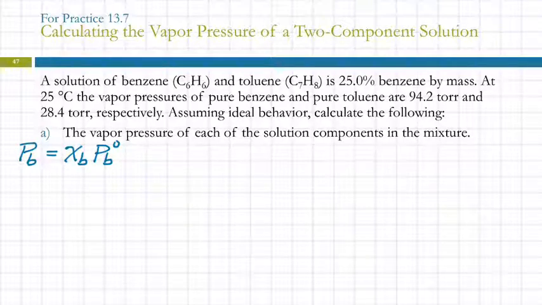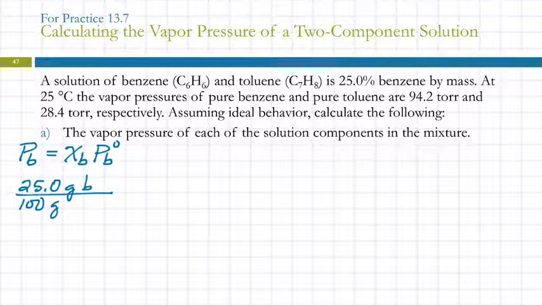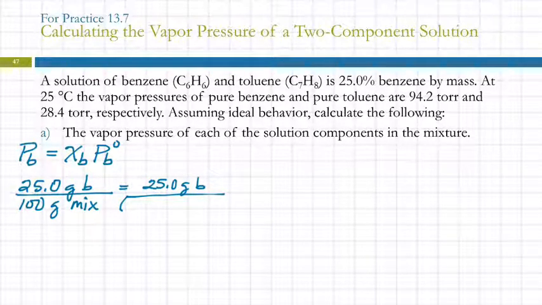Well, what does it mean? 25% by mass means 25 grams per 100 grams. So it's grams of benzene per 100 grams of the mixture. That's going to be equal to 25 grams of benzene divided by the grams of benzene plus the grams of toluene.